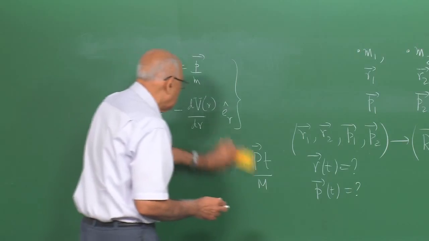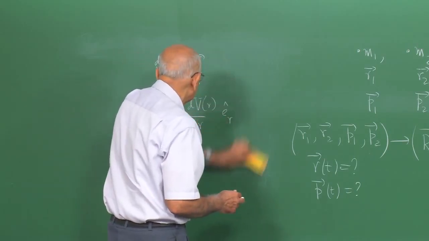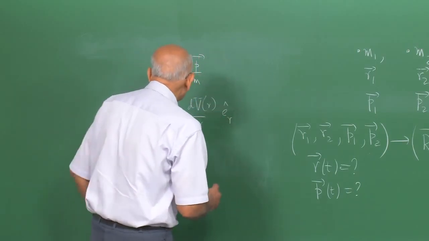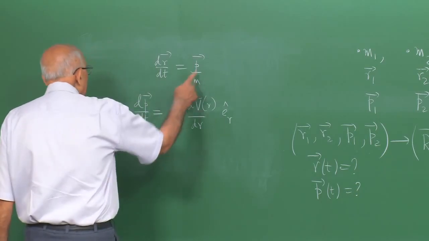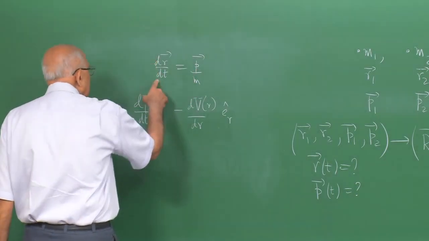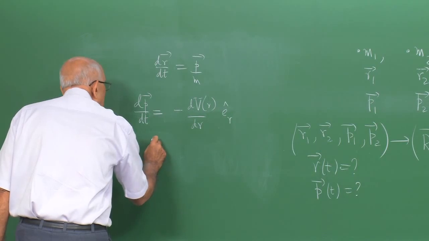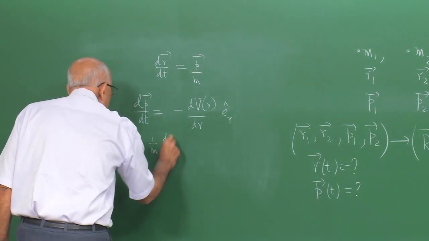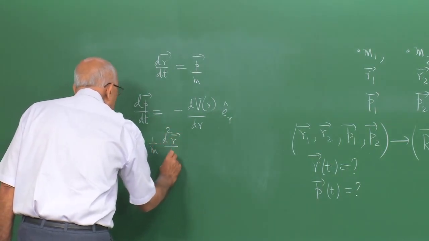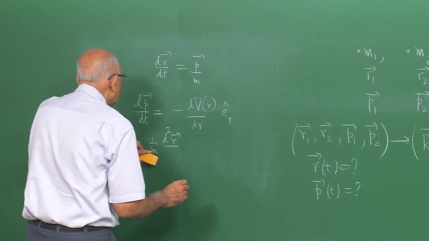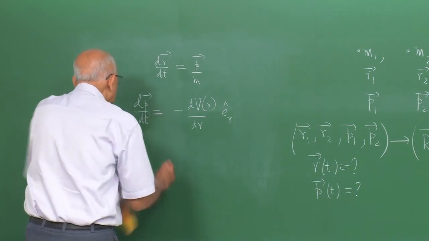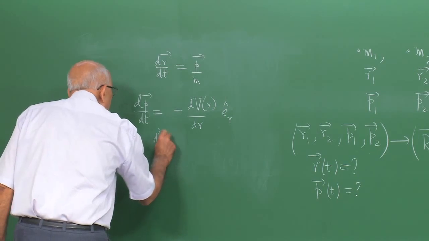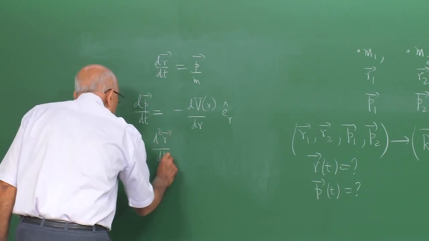So just to write that down here, this immediately implies, if I differentiate, it's the second derivative here. So it says 1 over m d2r over dt2.